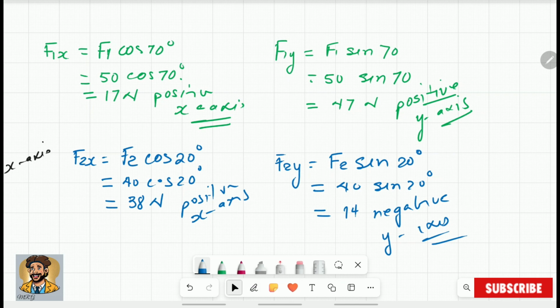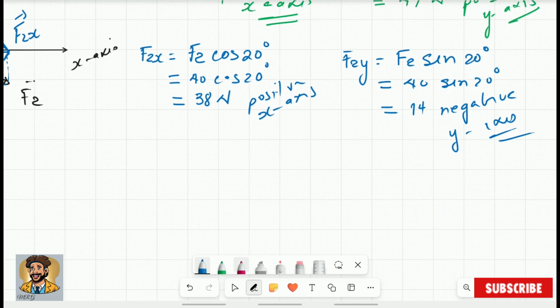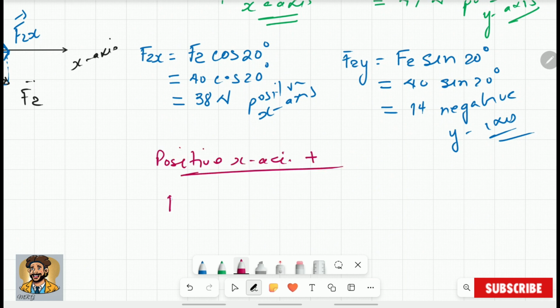So now we're going to calculate the resultant in X and the resultant in Y. F R in X is equal to F1 in X plus F2 in X. Both of them are positive.